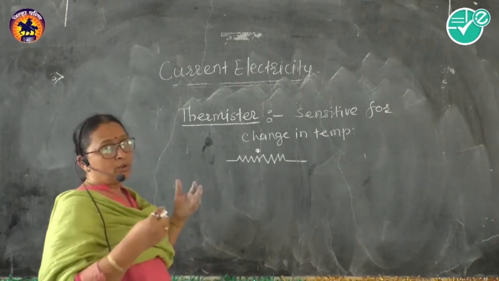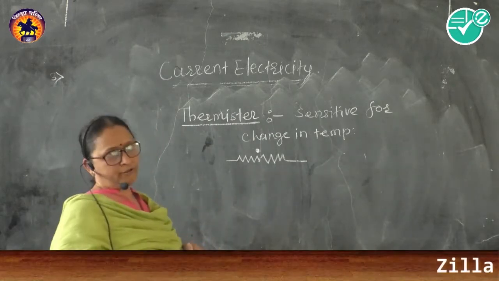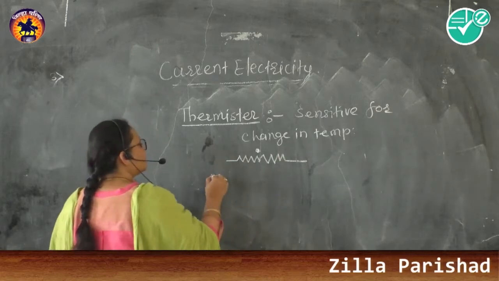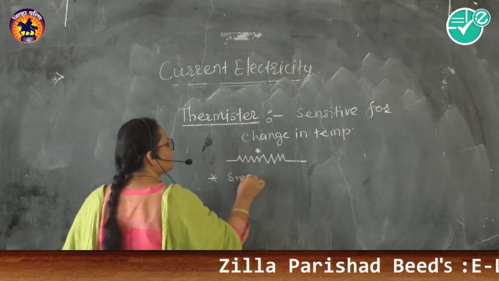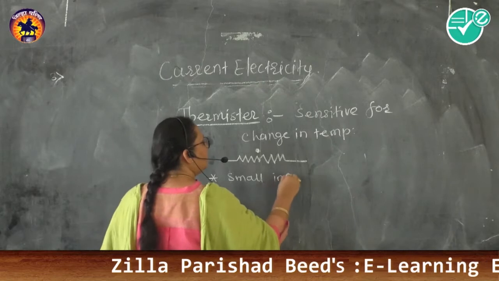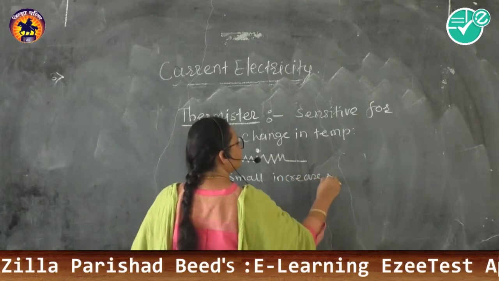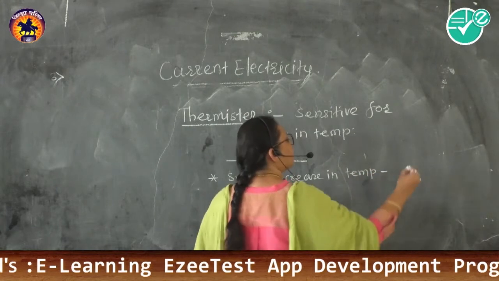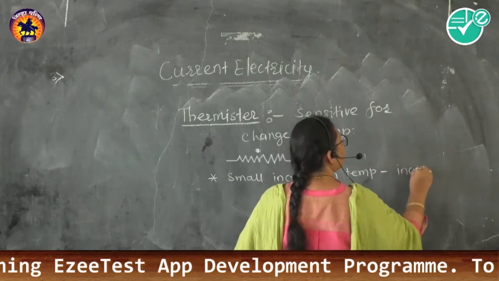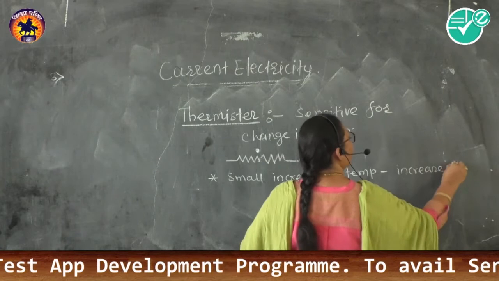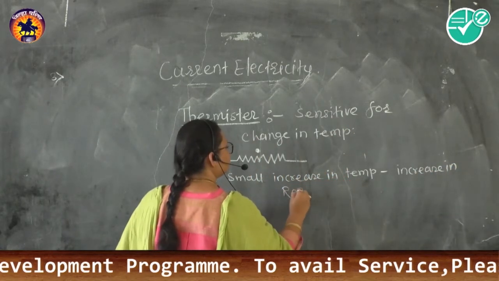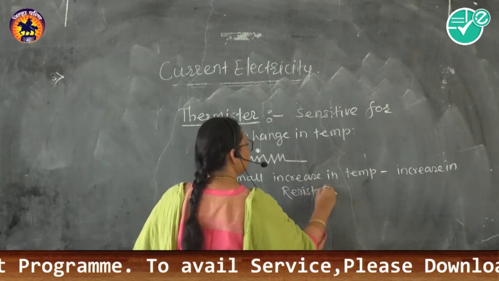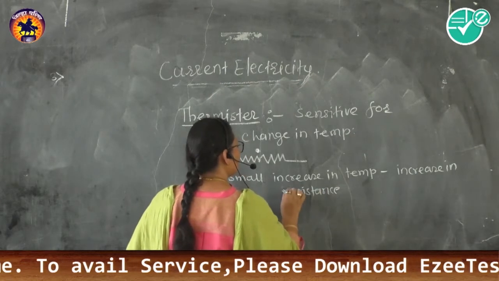Thermistors may have two types of effect of temperature. Means small increase in temperature causes increase in resistance.